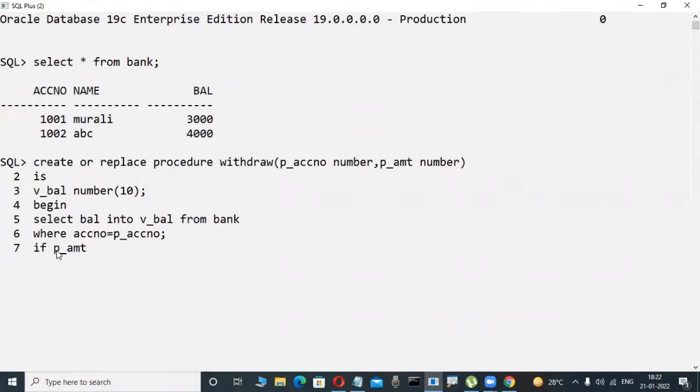Suppose here, logically observe, not the coding, that the amount is less than the available balance. Then I want to affect that in the database. Update table name, set balance equal to balance minus p_amount.